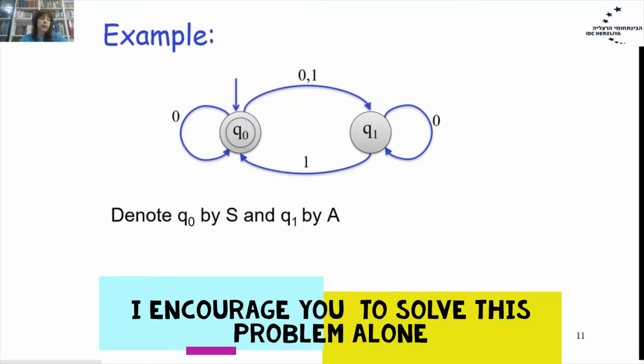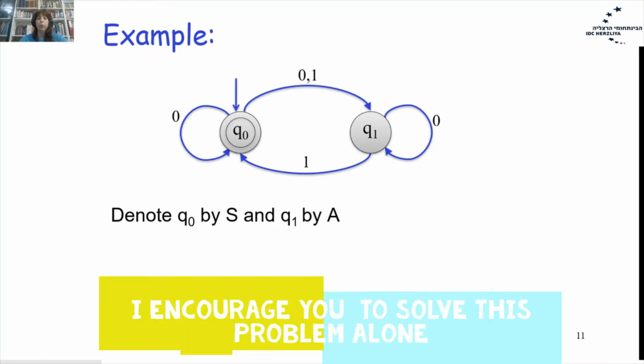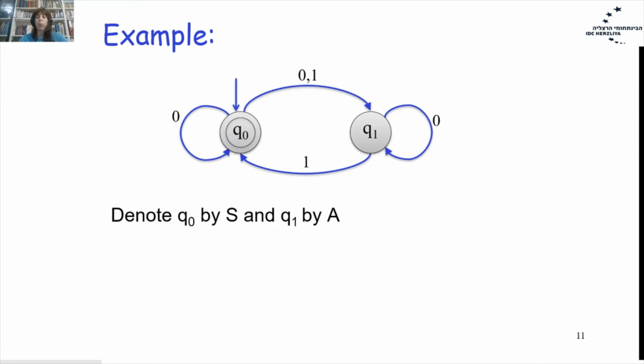Let's see an example, and I advise you to try to solve this question by yourself. First, we will rename the states: Q0 will be S, since it is the initial state, and Q1 will be A. After renaming the states, each transition should be translated into the grammar.